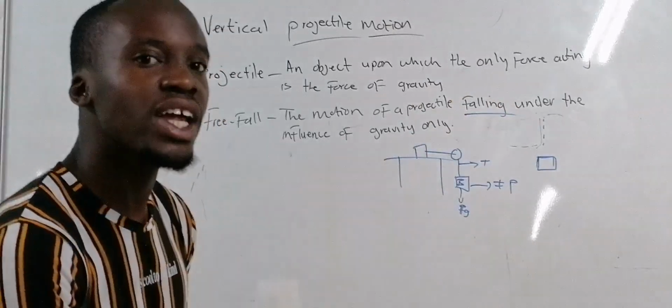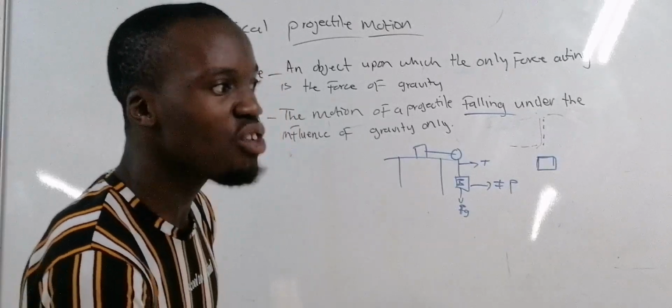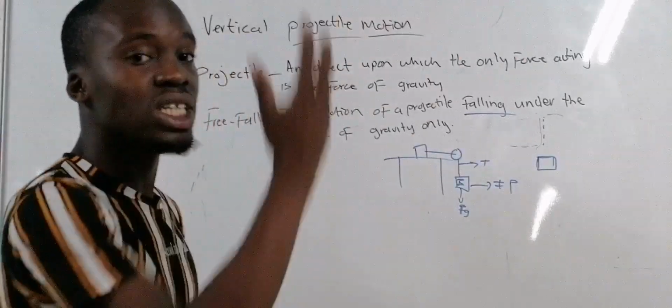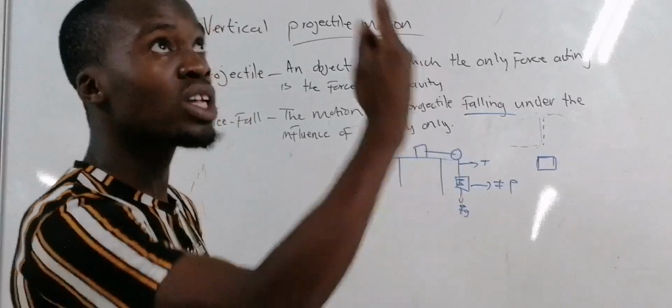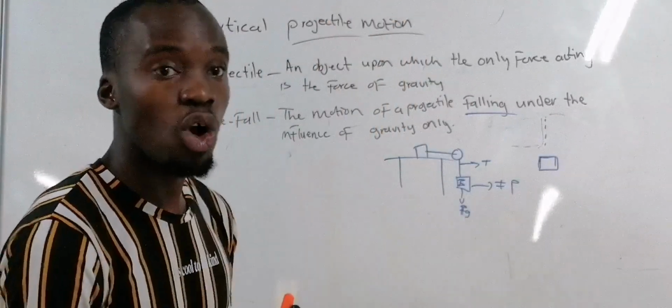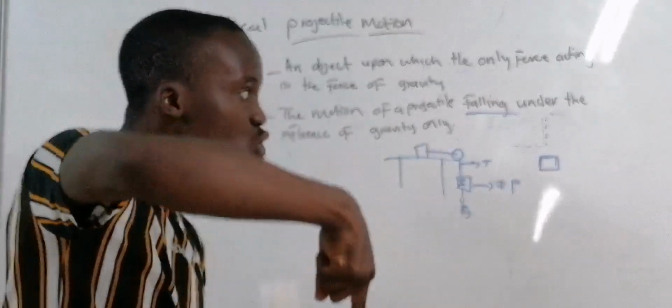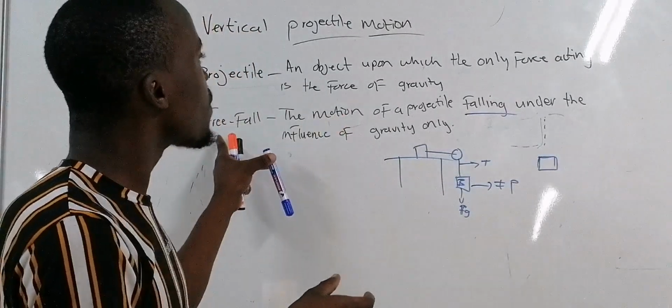Meaning that even if I take a block, a rock or a ball and throw it in the upward direction, when it goes upward we do not talk about a free fall, because that's the vertical or upward free fall. But when the object comes down, that is when we are talking about the free fall.